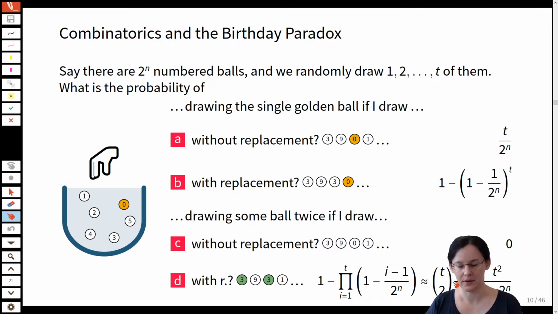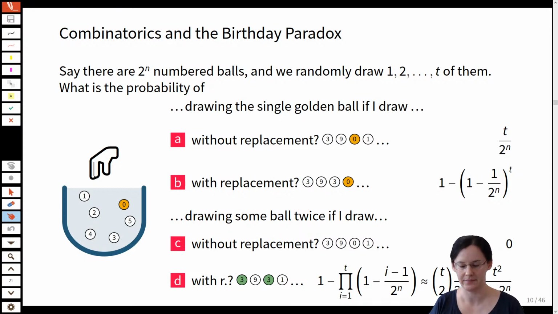And what this means intuitively is I have drawn t balls, and any selection of 2 of these t balls is a possible pair that could be a collision.